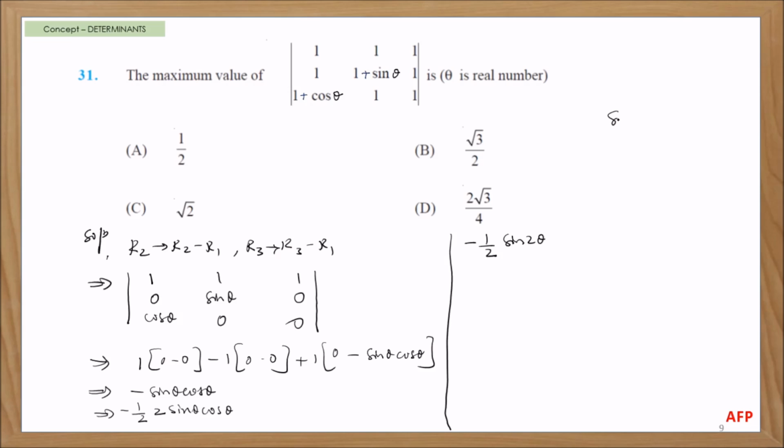You know sin 2 theta, its maximum value is 1. So if its maximum value is 1, minus 1 by 2 is the answer you are getting. So the minus 1 by 2 option is the correct one. Okay, next one.